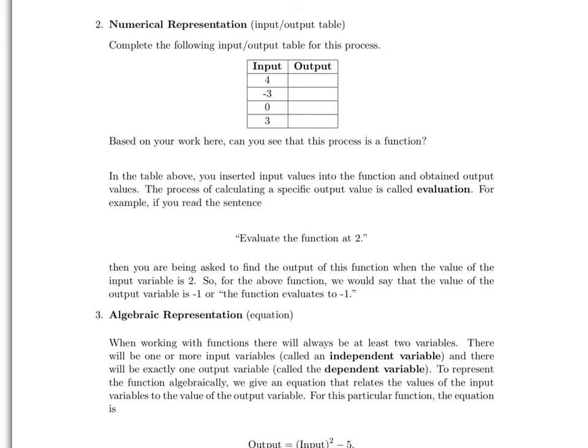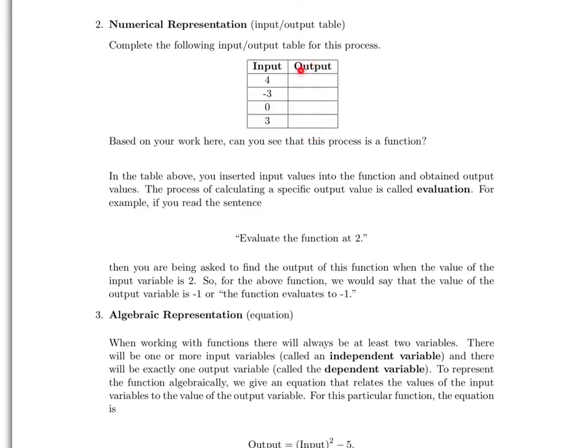A second way that we can represent a function is through an input-output table. Shown here is an input-output table for the process we just looked at. So in the first column, I have 4 different inputs, 4 different numbers that we could put into the function.